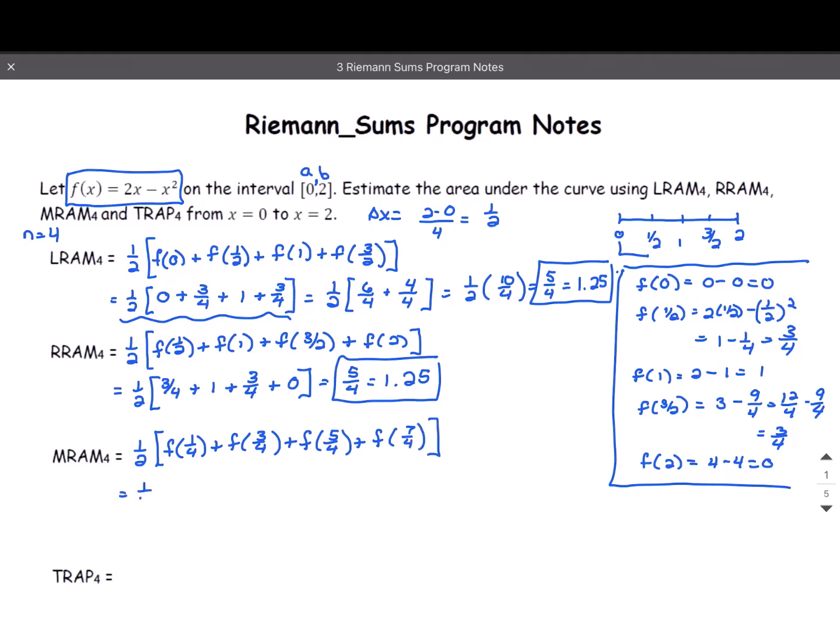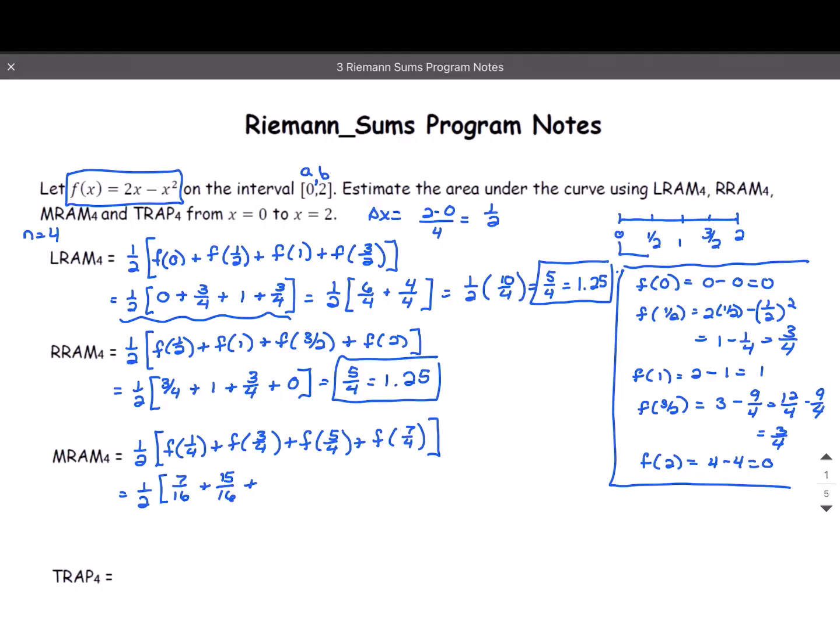Let's go through it. If you want to use your calculator to compute, we're going to do 2 times 1/4 minus 1/4 squared. We're going to get 7 over 16 plus f of 3/4. We're going to do 2 times 3/4 minus 3/4 squared. We're going to get 15 over 16. f of 5/4, we're going to do 2 times 5/4 minus 5/4 squared.